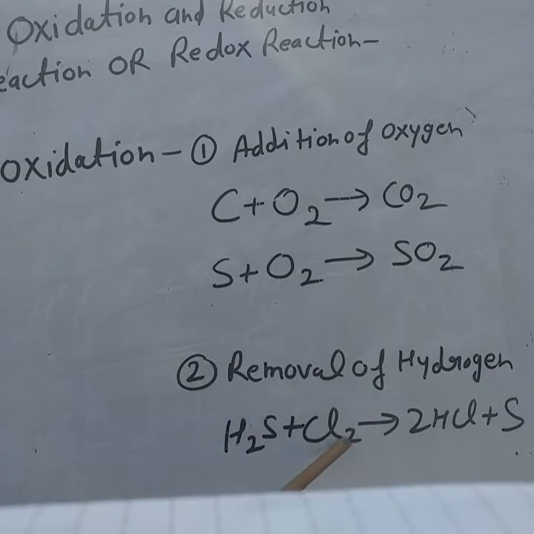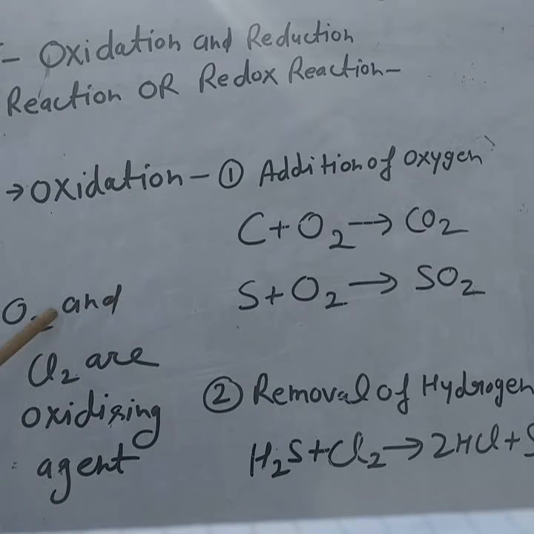And in this process, Cl2 helps remove the hydrogen, so this is also called an oxidizing agent. So oxygen and chlorine are oxidizing agents because they provide oxygen and remove hydrogen.